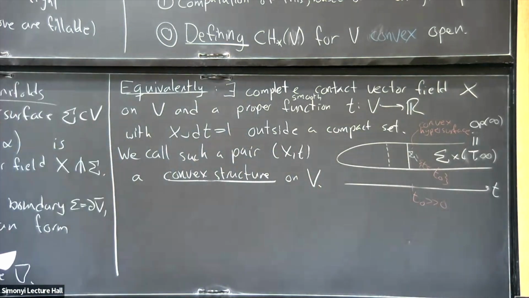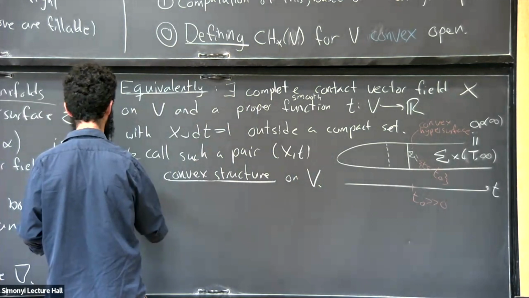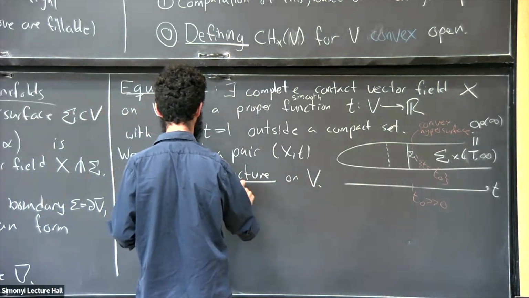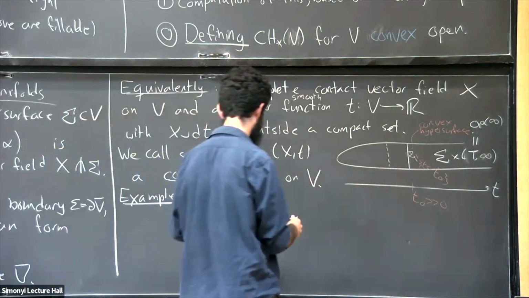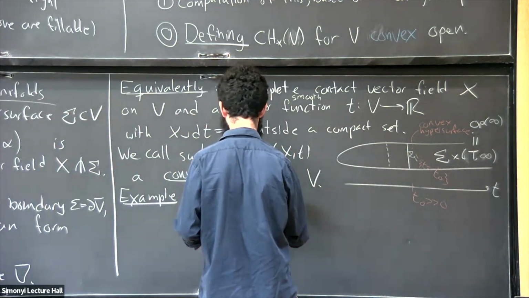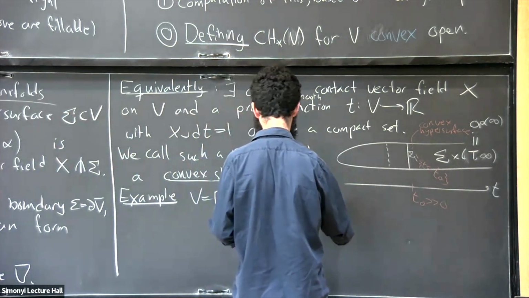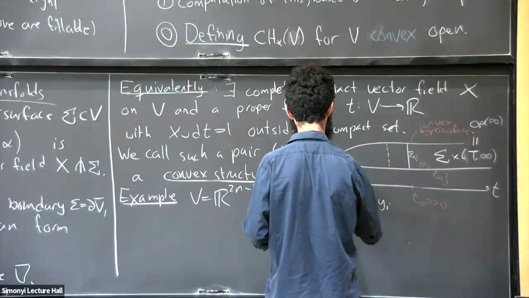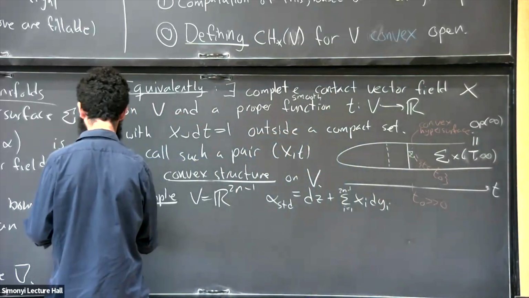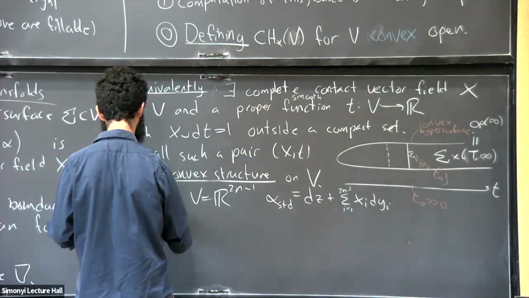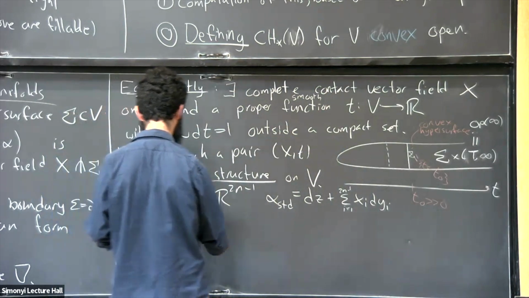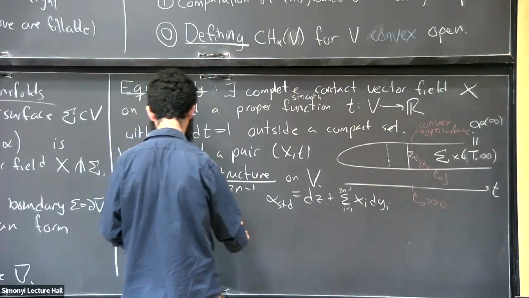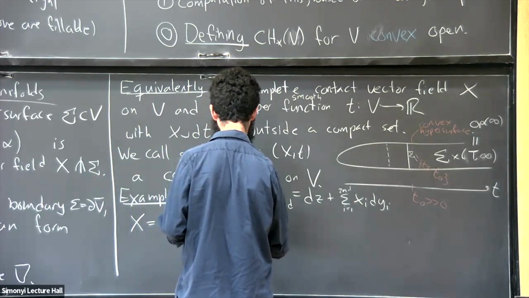Okay, and the main example for our purpose is, of course, R^(2n-1), where alpha is the standard contact form. And we can take X, for example, to be this vector field, almost just the outward pointing radial vector field with a factor of 2 in front of the z derivative.